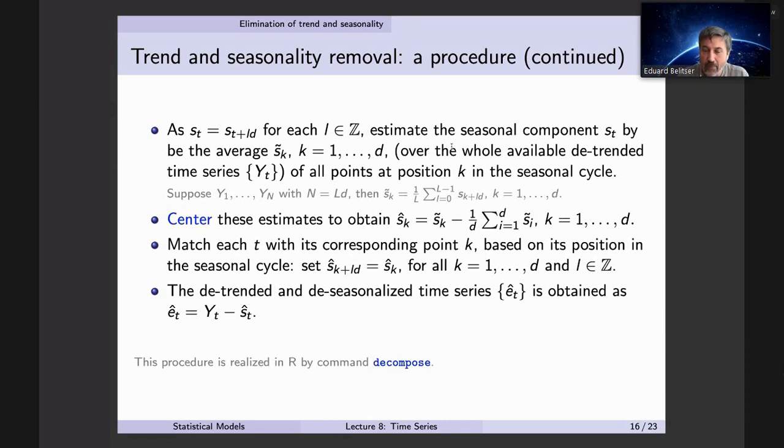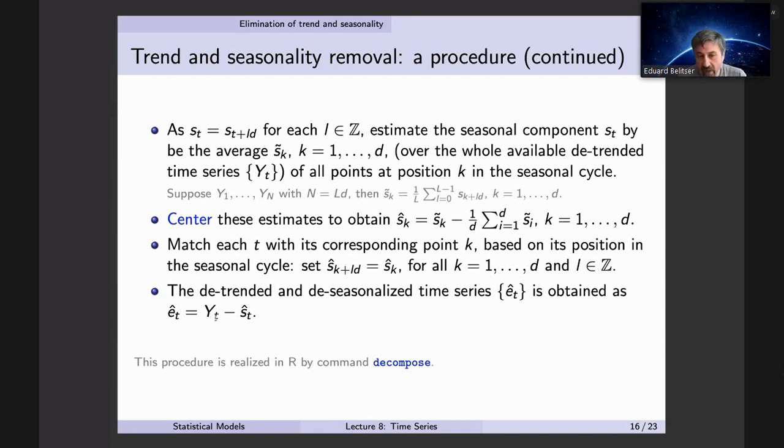So we estimate the seasonal component, then we center it. We compute S tilde, and when we center it, we get S hat. And then we extend it, since it must be periodic. If we estimate it within a period, then everywhere else it's the same, because it's the condition. So then we have our estimator for the seasonal component everywhere.